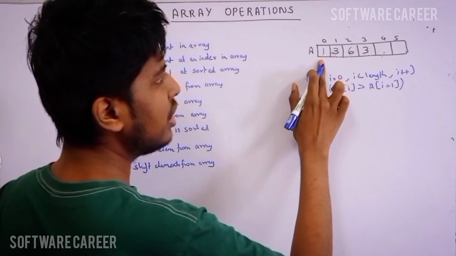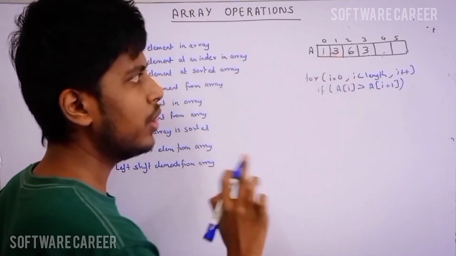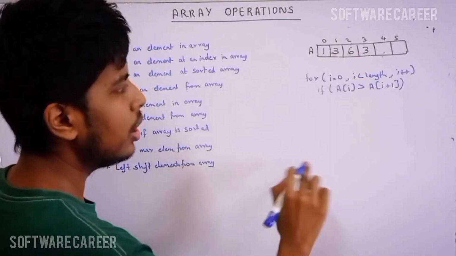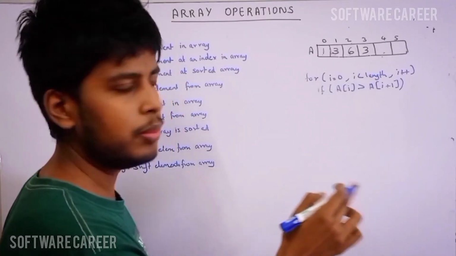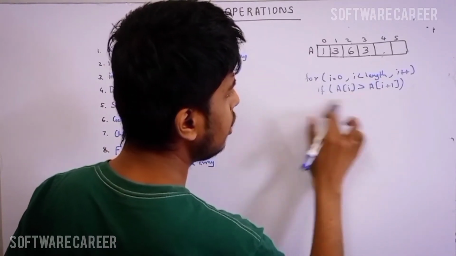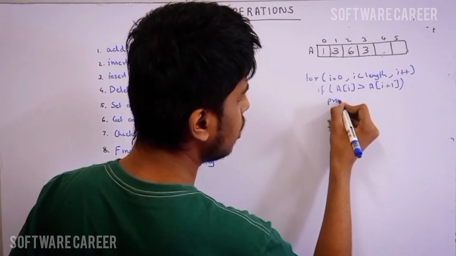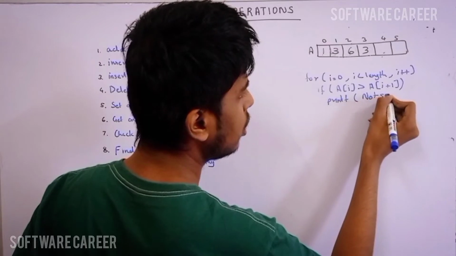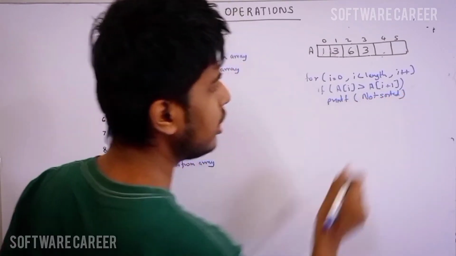I am comparing whether a of 0 is greater than a of 1, then whether a of 1 is greater than a of 2. That's why I am writing this condition. If it is greater, that means it is not sorted, so you should write printf not sorted. You should write like this.